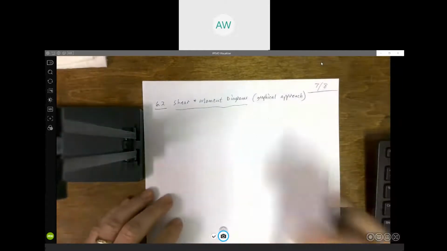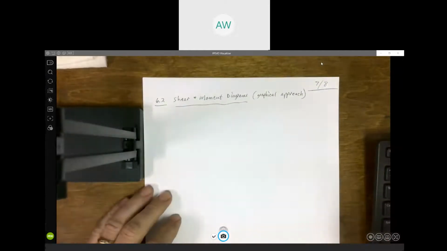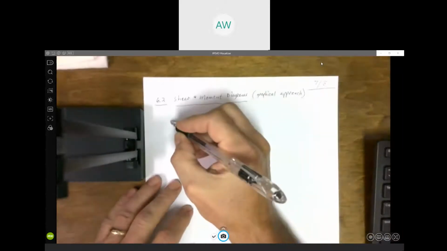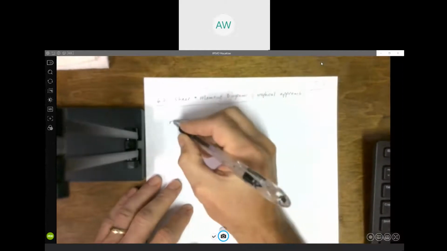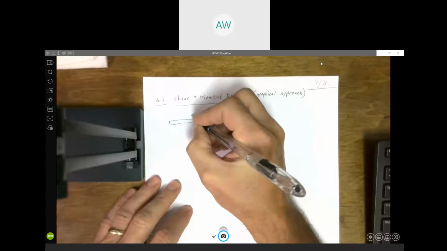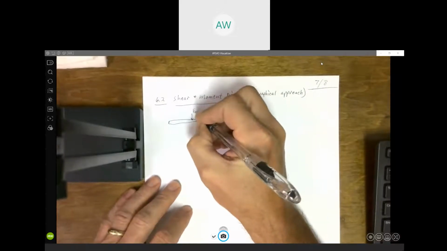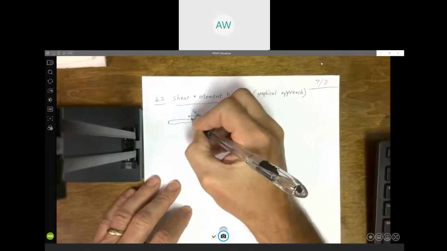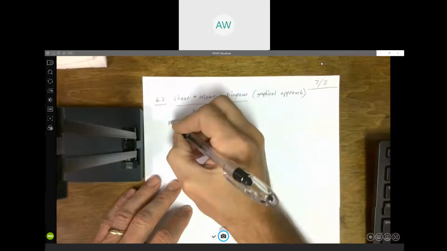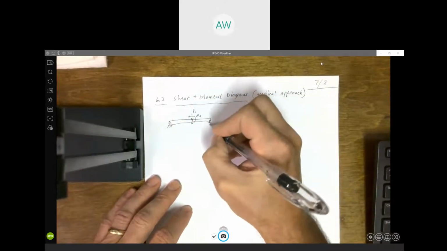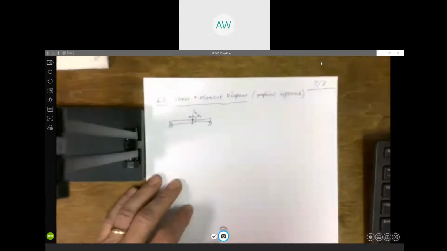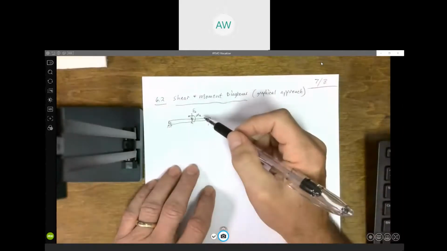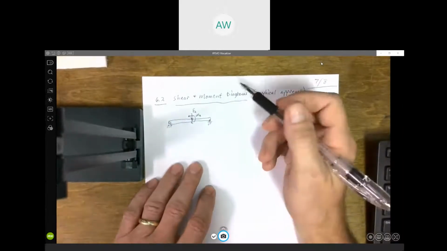So quick reminder, the one thing we talked about Monday, today's Wednesday, was if we have a beam and we have a concentrated force or a concentrated moment acting at some point A, we looked at, in general, what effect that concentrated force and concentrated moment had on the shear and moment diagram.